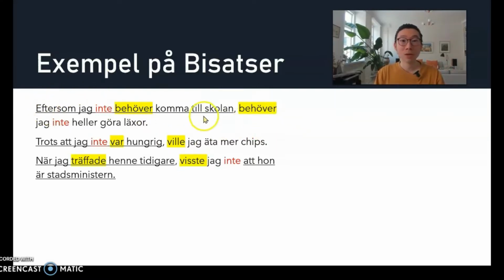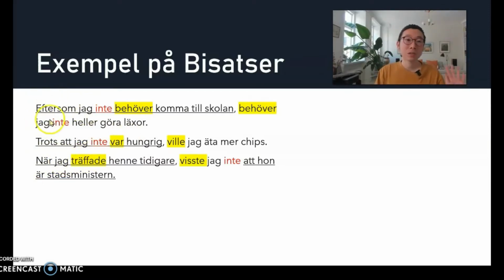So eftersom bla bla bla behöver jag, trots att bla bla bla ville jag, när jag bla bla bla visste jag. However, if you look back into the subordinate clause structure i bisatsen, you realize in the subordinate clause we always apply the straight word order. Till exempel eftersom jag bla bla, trots att jag, när jag.